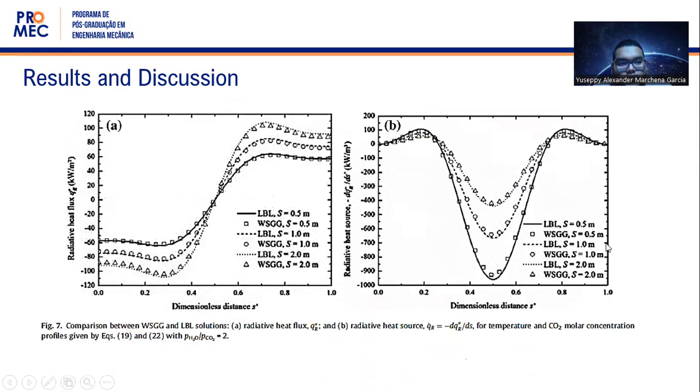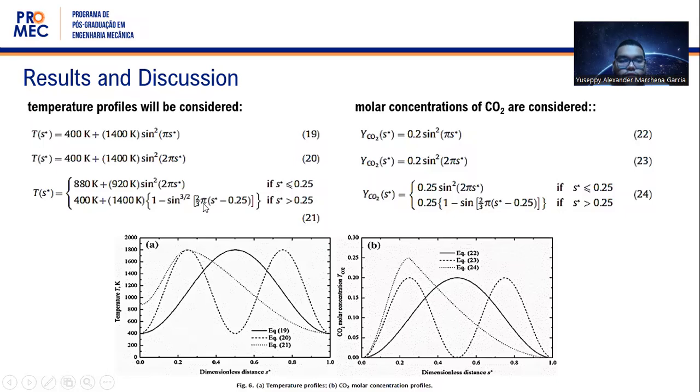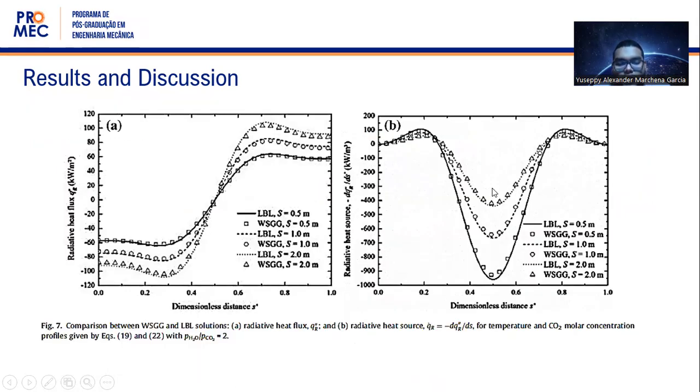Okay. So in this case, we're going to talk about simple symmetric profiles. All right, we're going to use equations 19, 20, 21 to make these figures. Okay, we're going to make an analysis of these figures now.